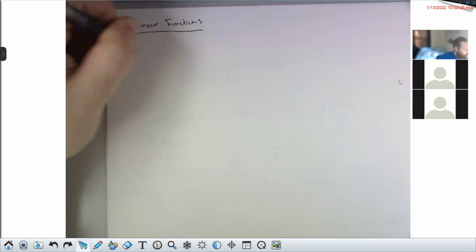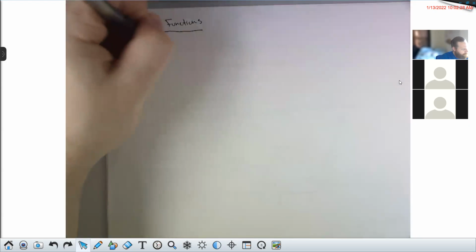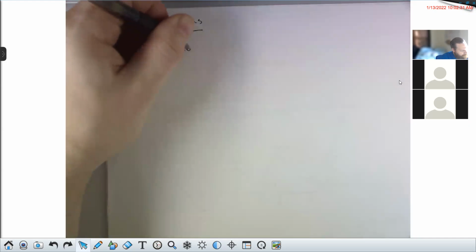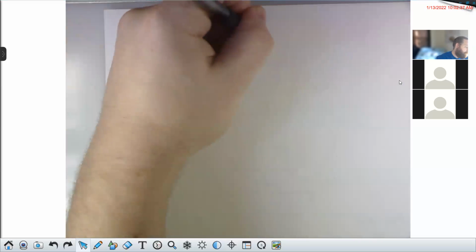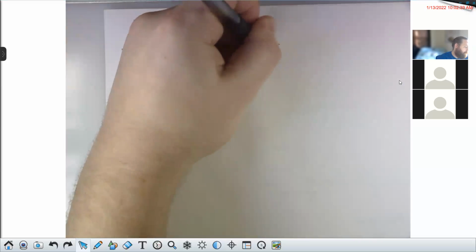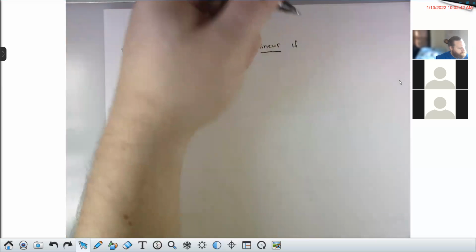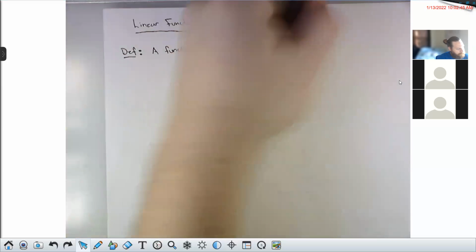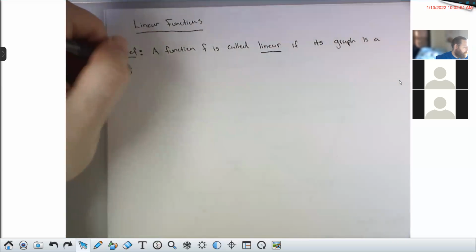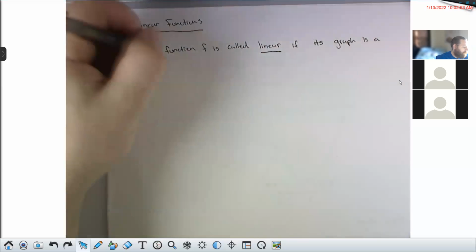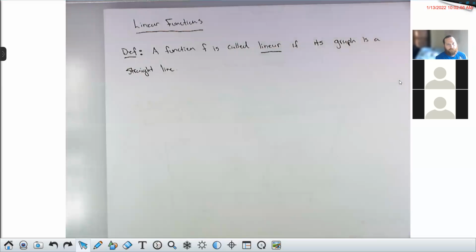There are several ways to define a linear function. Let's start with this. Function f is called linear if its graph is a straight line, a single straight line. No curve, no change in direction, no turning points.